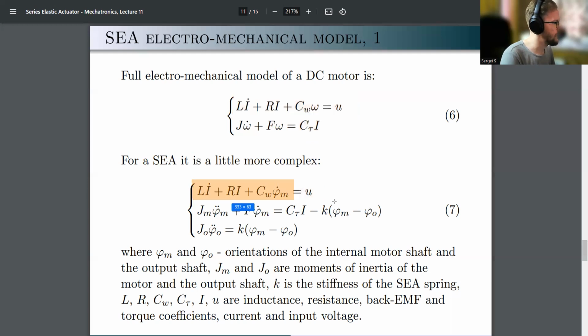Here we can go even further. Instead of doing this, we can make it into a machine that produces desired values of phi m, okay? Or even better, if you want, desired value of phi m minus phi o. But phi o is not under our control, so let's say phi sub m.